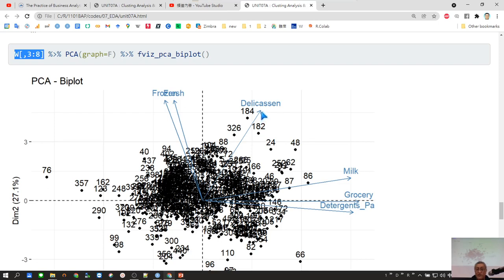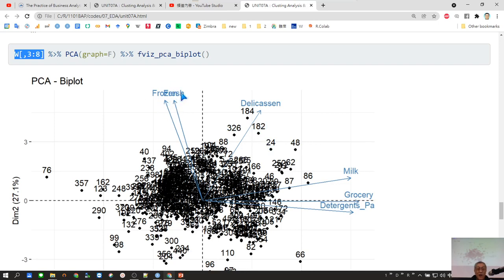You can treat the arrow as a scale, right?